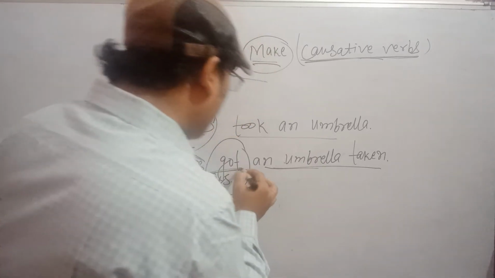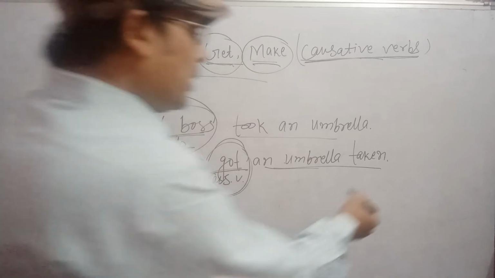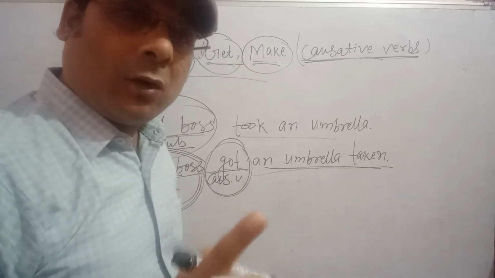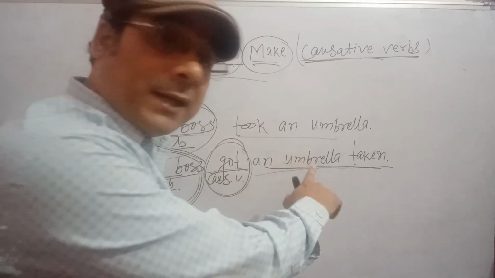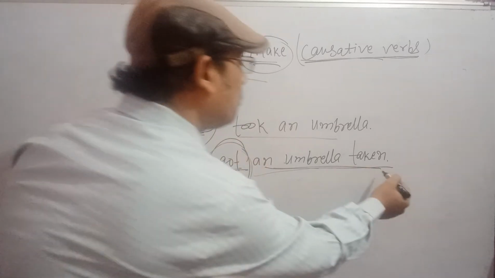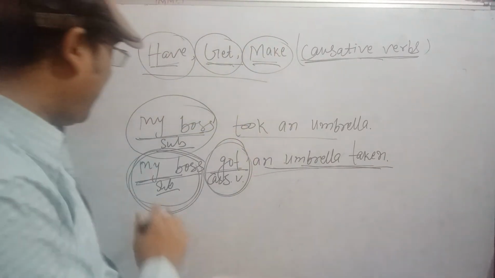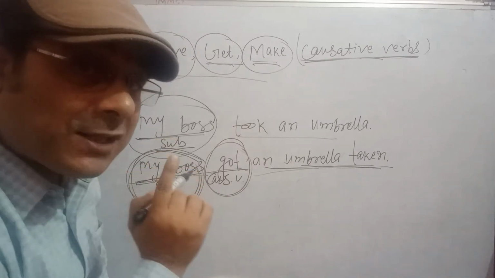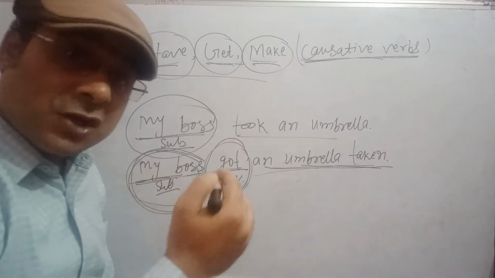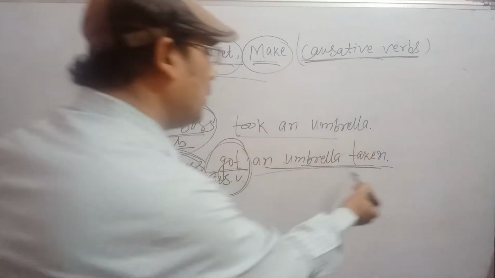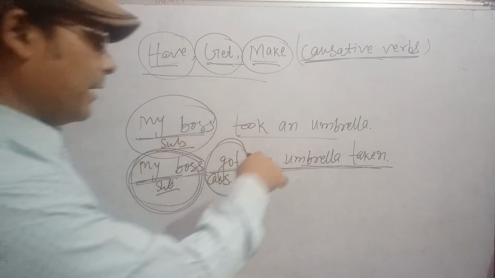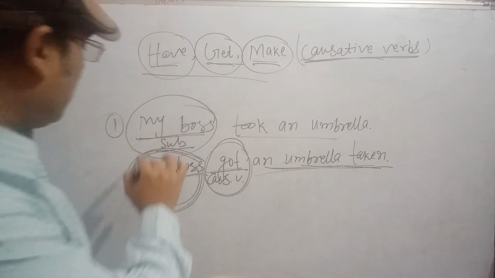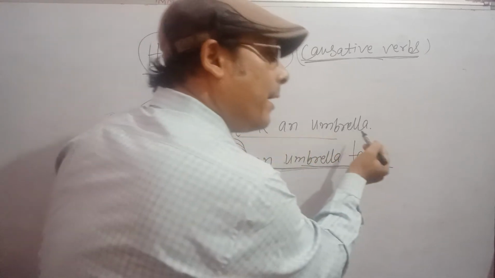For example, I have already told you, in this sentence, to take an umbrella is a work, and this work has not been done by my boss. My boss has someone else to do this work. In example number one, my boss took an umbrella.